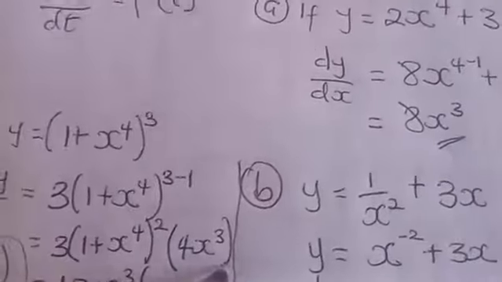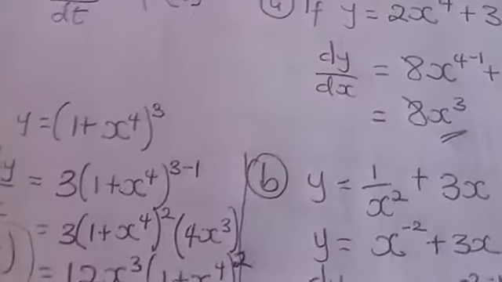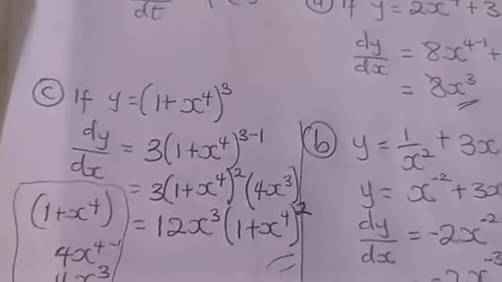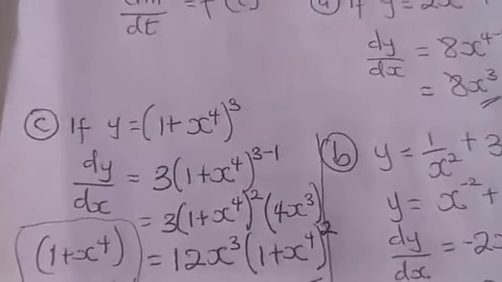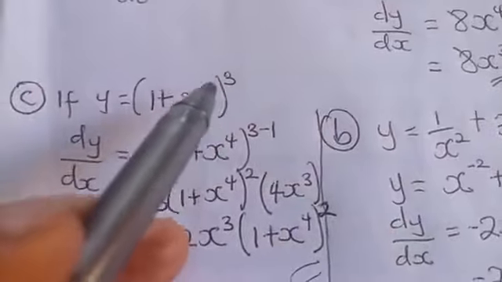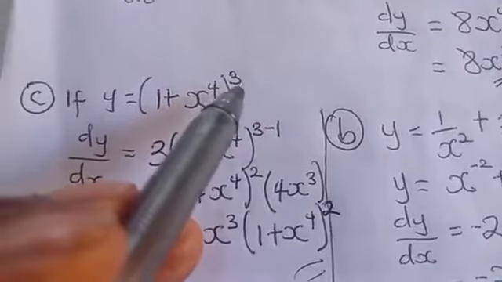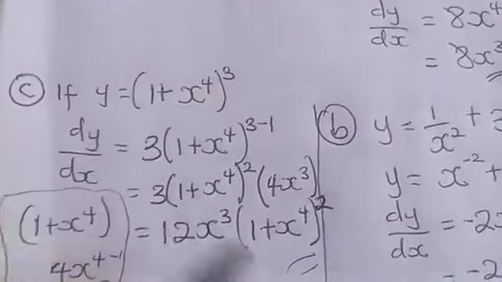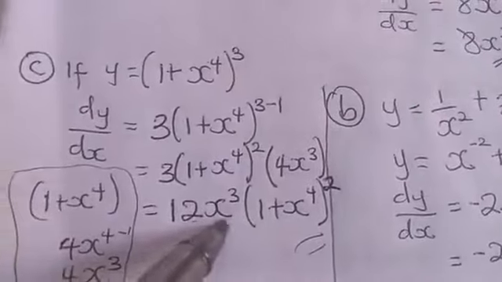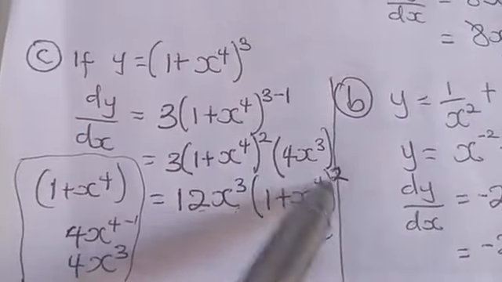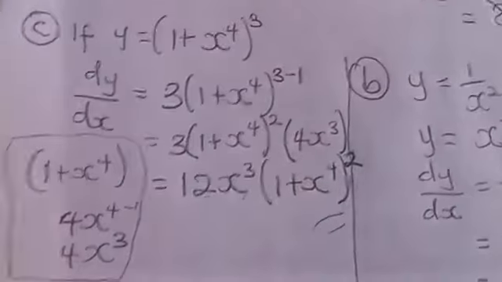Now we have power 2 outside. So this becomes the answer for the C part of this question that says if y is equal to (1 plus x raised to the power of 4) raised to the power of 3, find dy/dx. So the dy/dx of this is equal to 12x raised to the power 3, bracket open, 1 plus x raised to the power 4, bracket close, raised to the power of 2.